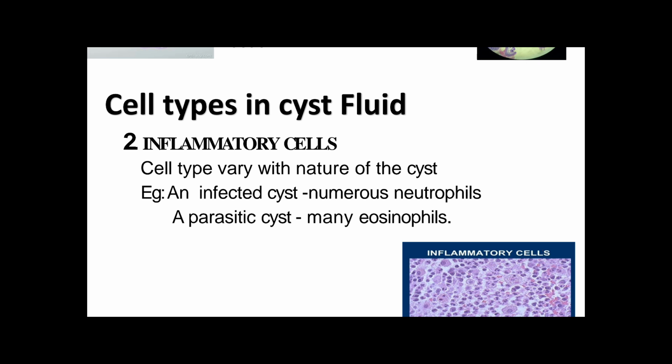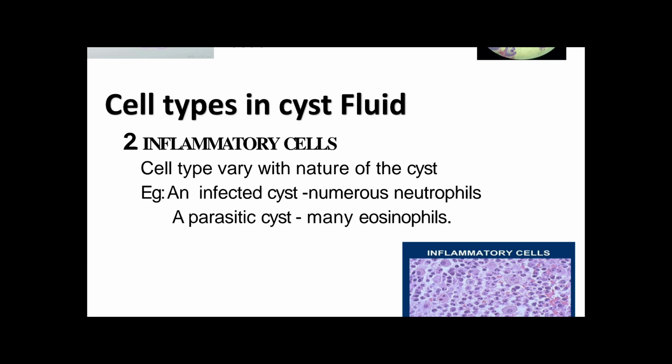Suppose the cyst has a bacterial infection, you can see neutrophil content. Suppose it is an infected parasitic cyst, it contains eosinophils.